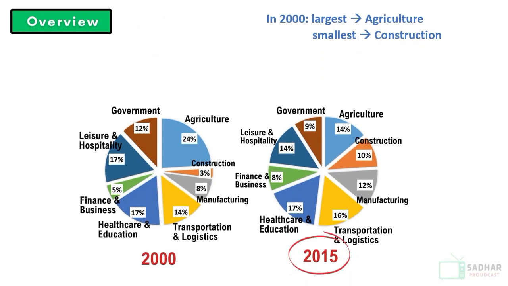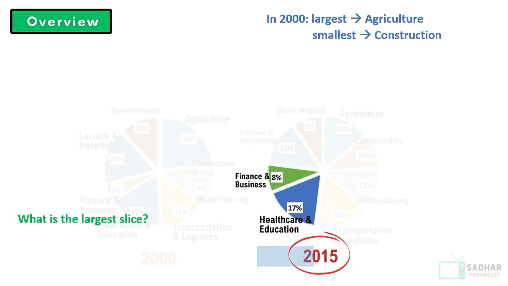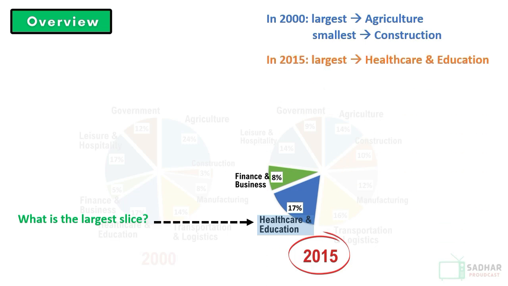Right, and now let's take a look at the chart of the year 2015. Same questions. What's the largest slice? And we see 17%. It is healthcare and education. And we take note over there, the largest, healthcare and education.